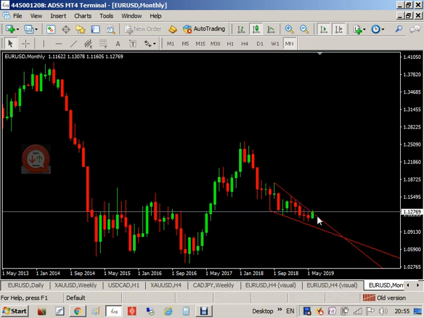This is the resistance line, and we will soon have a confirmed signal if a new candle starts over the resistance line. Then we can see a strong buy signal, because this is monthly.